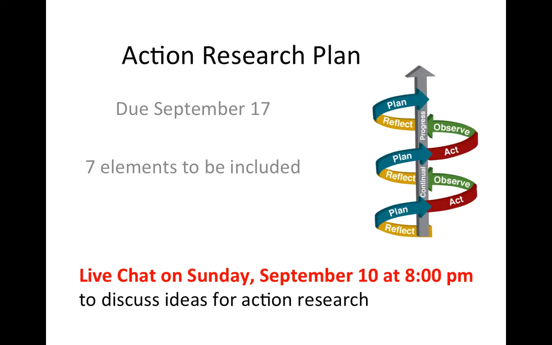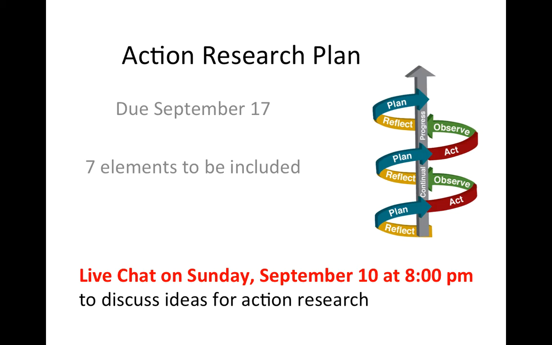Okay, the other thing that you're going to do in this unit that's due at the end of the unit is your plan for what you're going to do for your action research project. This is a tentative plan. It definitely can change if you need to, but you're going to have something in writing that maps out what you think you're going to be doing now. You can read in Canvas the 7 elements that have to be in that plan.